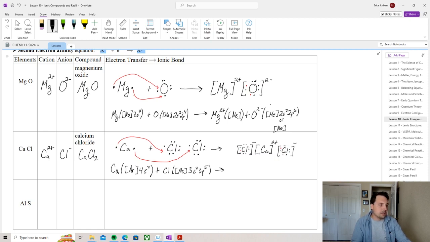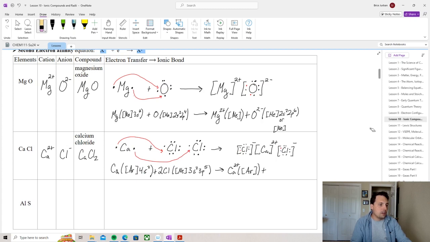And then when these combine together, one of these electrons goes to this chlorine, and then the other goes to a different chlorine. So we're going to actually have to write a 2 here. So we're kind of balancing this equation, and then we'll end up with calcium having the noble gas configuration of argon, and its 2+ charge.